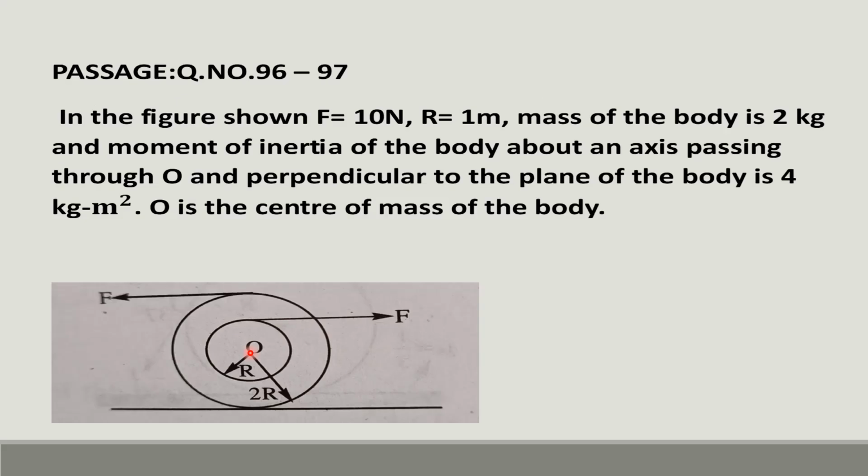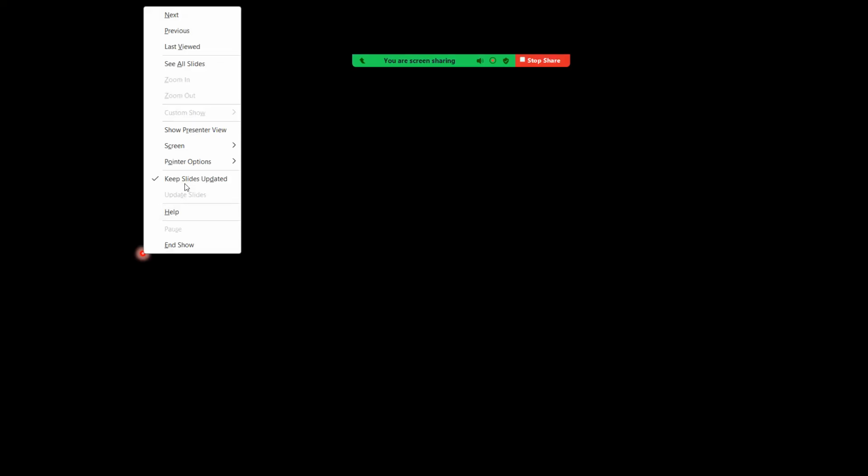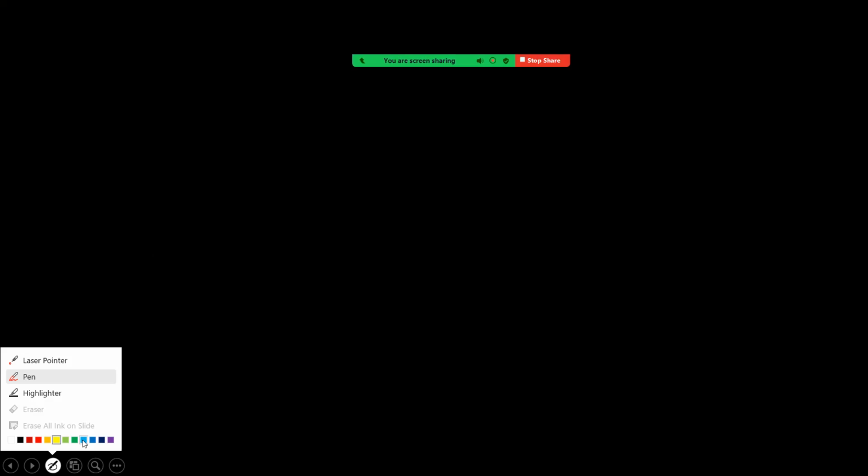Okay. I am repeating. Net force is 0 because smooth. Therefore, the center of mass does not move. That means because of these forces, there is a torque. Means the body is having only rotation. That means in the first case, kinetic energy is only because of rotation. That means we have to find out half I omega square.